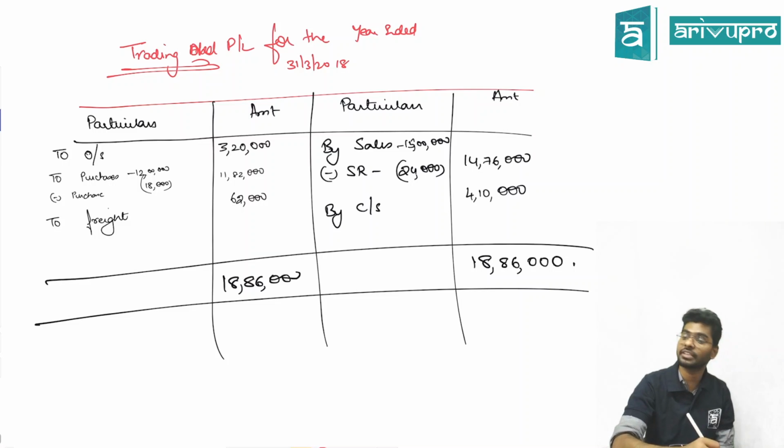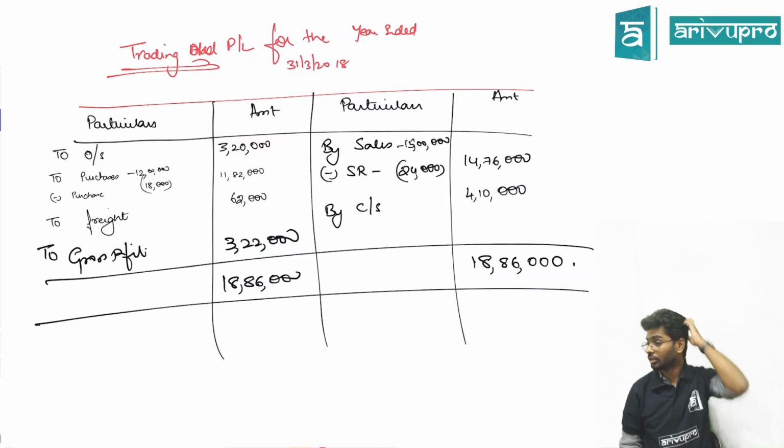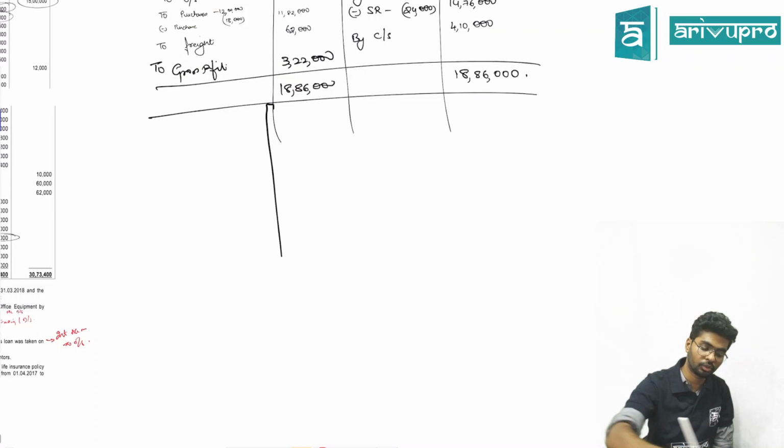Therefore, my balancing figure becomes what? Everyone got this right? So you can expect 3 marks if you can get this right. Done? Next, we'll extend it to the P&L account.